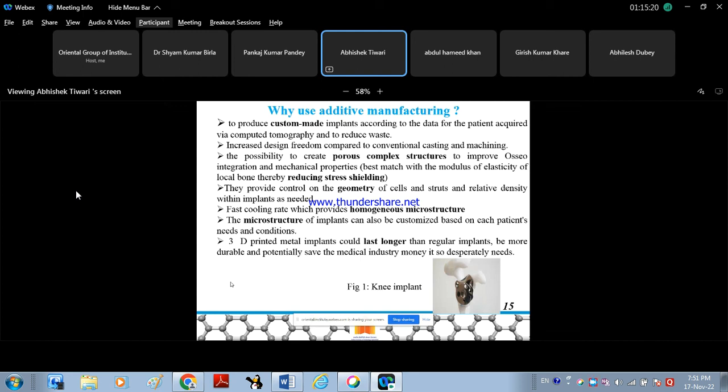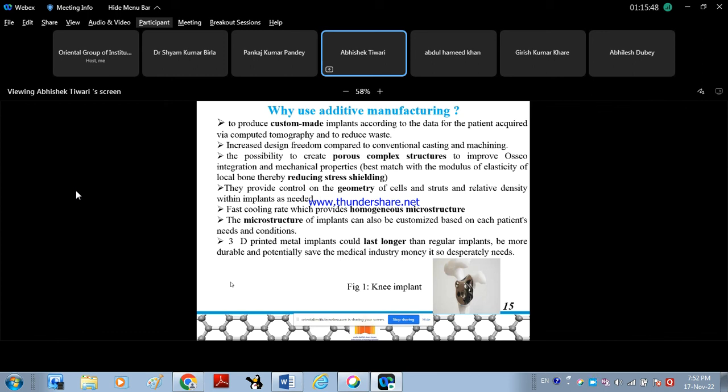There is the possibility to create a porous complex structure to improve osseointegration and mechanical properties, so that it best matches the modulus of elasticity of local bone, thereby reducing stress shielding. And they provide control over the geometry of cells and struts and relative density within the implants as needed. Another advantage is the fast cooling rate, which provides a homogeneous microstructure.